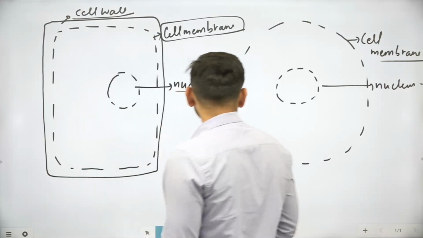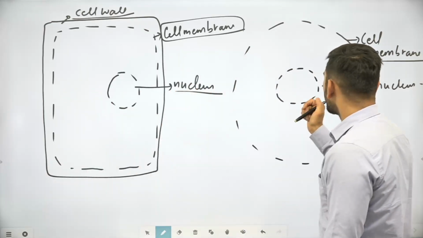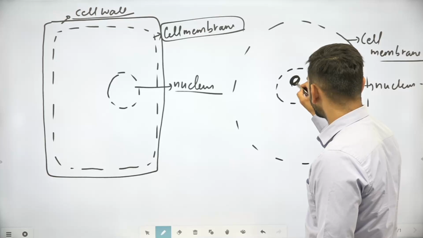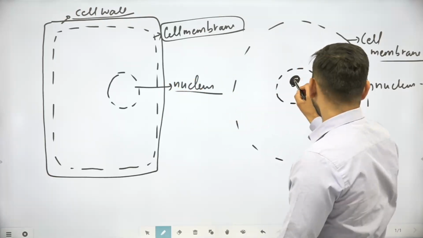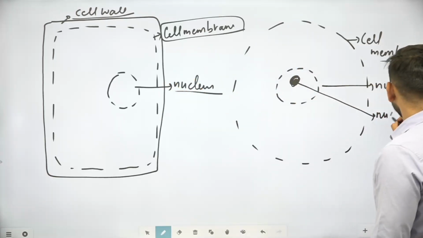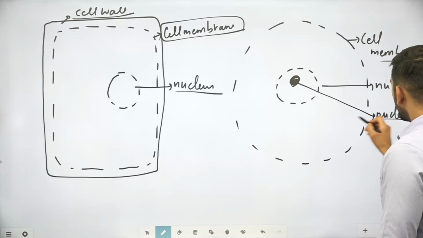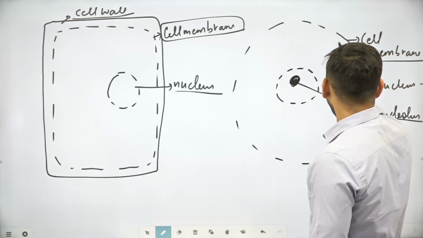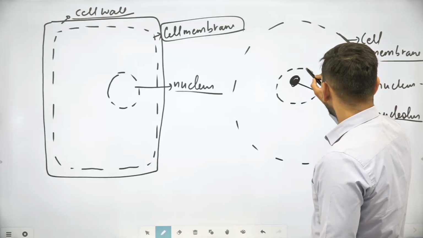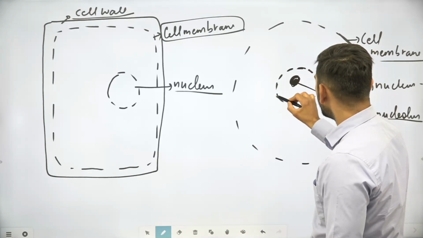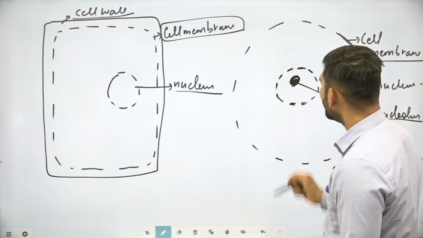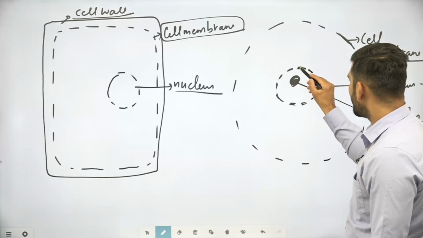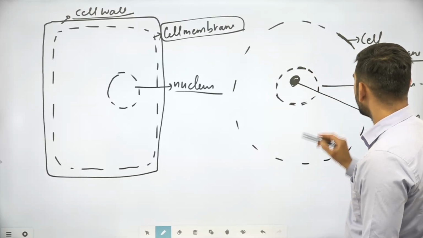Going deeper, inside the nucleus I can find one more structure, the same in the plant cell, and that is called the nucleolus. The membrane of the nucleus is called the nuclear membrane. Now this is the nuclear membrane and this one is the cell membrane.